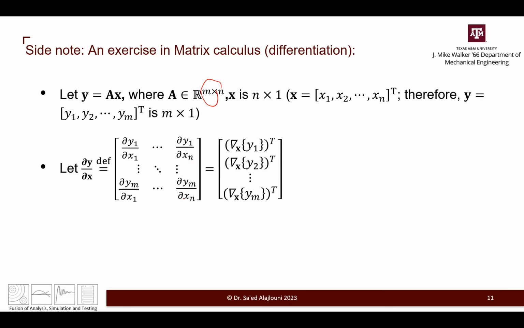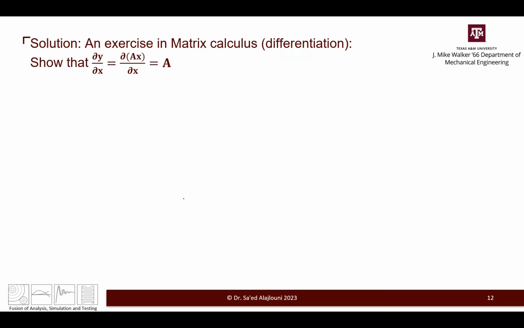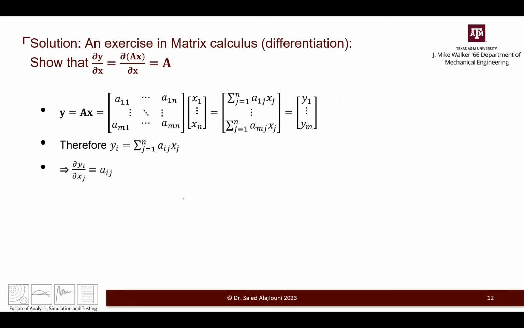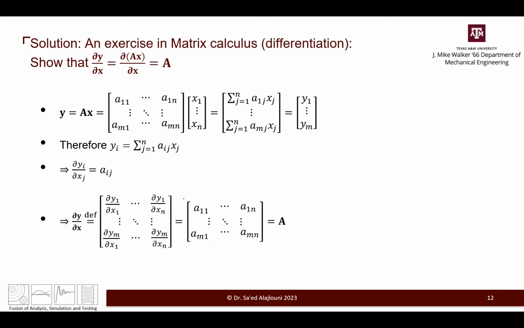So if we follow this definition, it can be shown, and I show you here step by step how to do it, that the derivative of y with respect to x is nothing but A. It's similar to, what if you have a t and you differentiate that with respect to time? You get a.